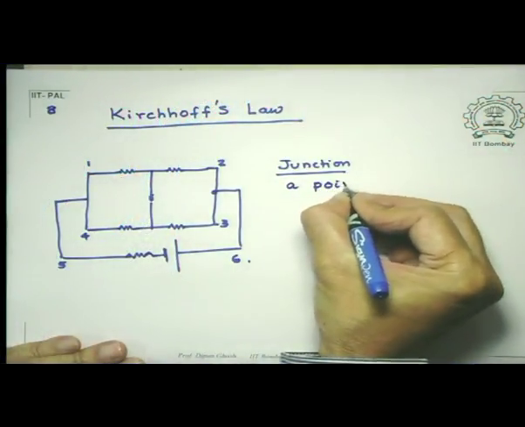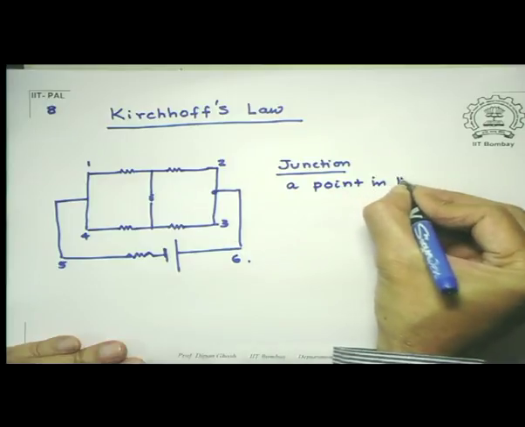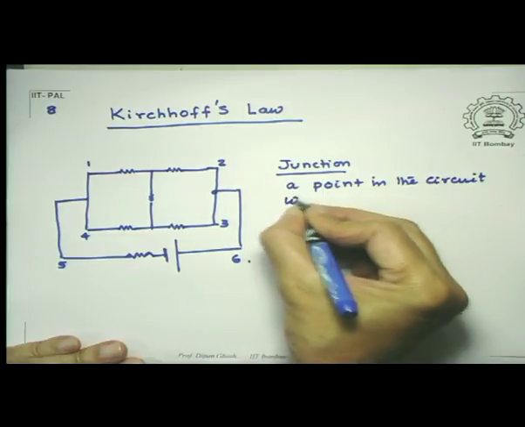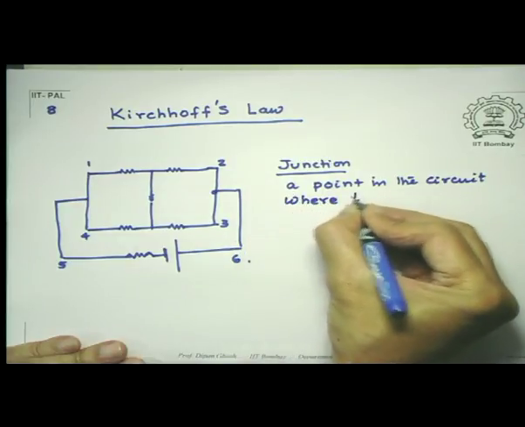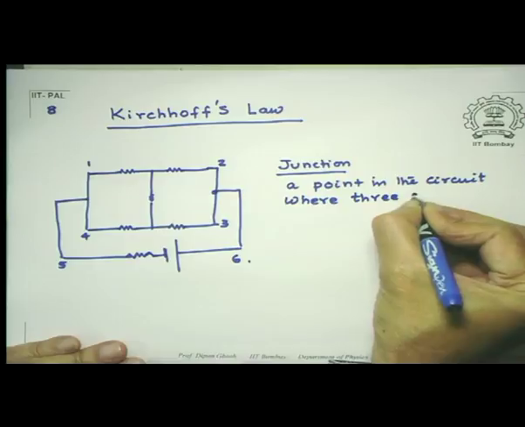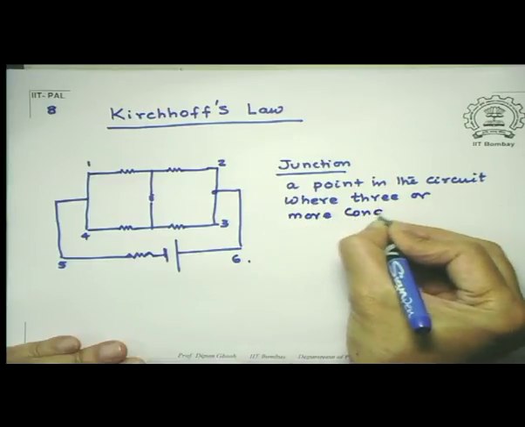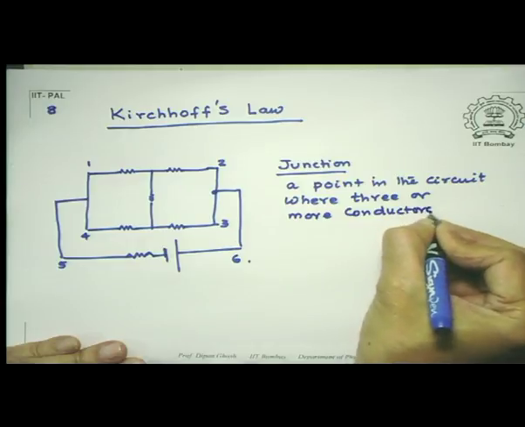So a junction is a point in the circuit where 3 or more conductors are joined together.